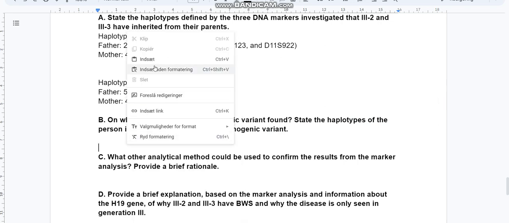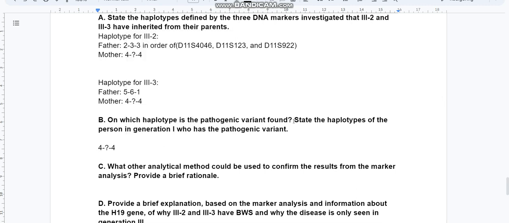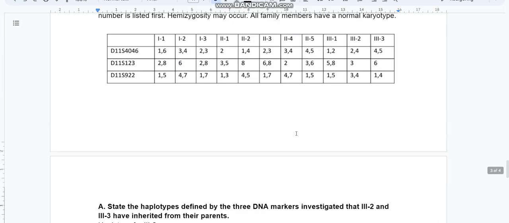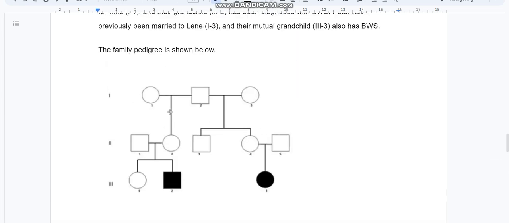That is quite obvious. And so, state the haplotypes of the person in generation 1 who has the pathogenic variant. So let's look here, right? And of course it is in generation 1-2.